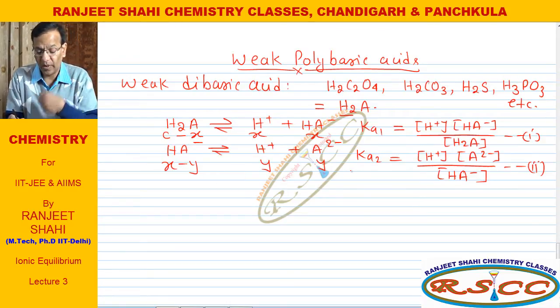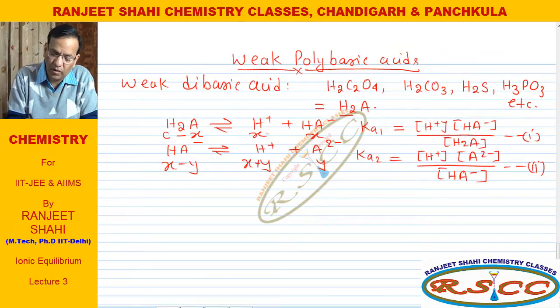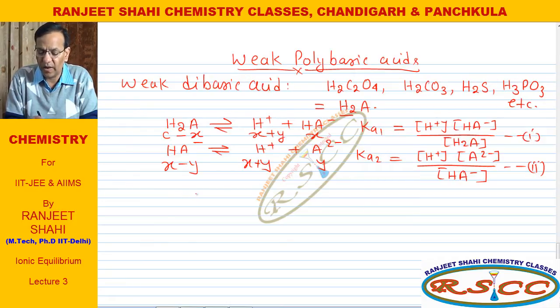But in solution, common ion will have common concentration. So concentration of hydrogen ion will effectively be x plus y, x from first equation, y from second equation, and the concentration of HA- left in the solution is x minus y.